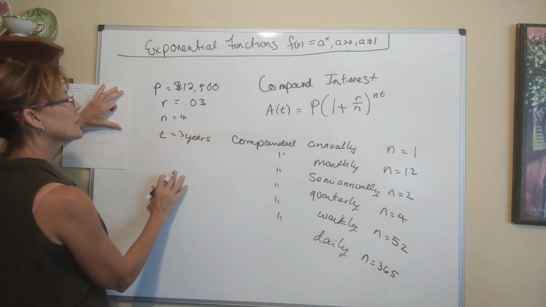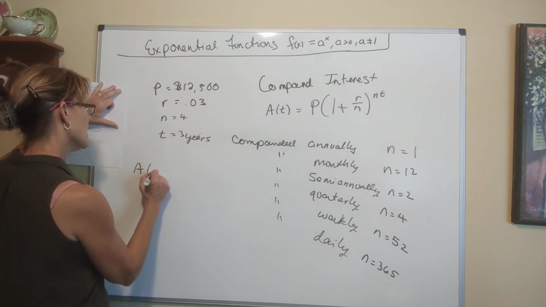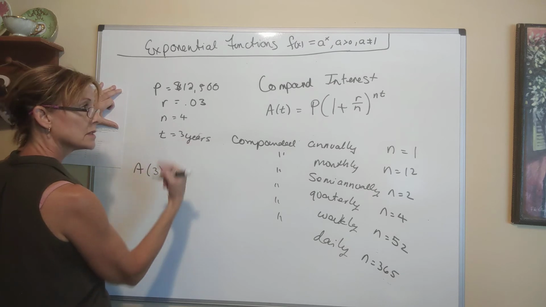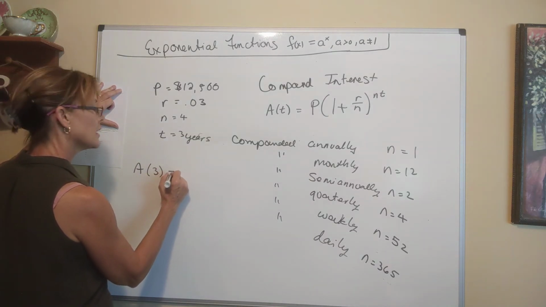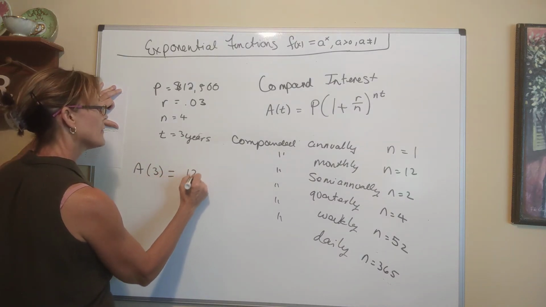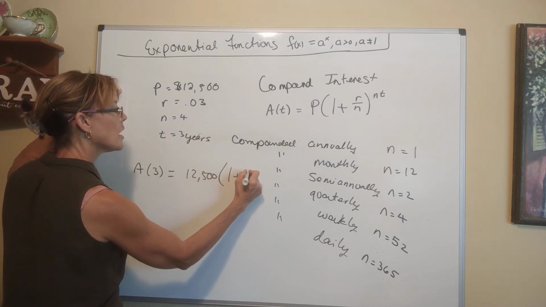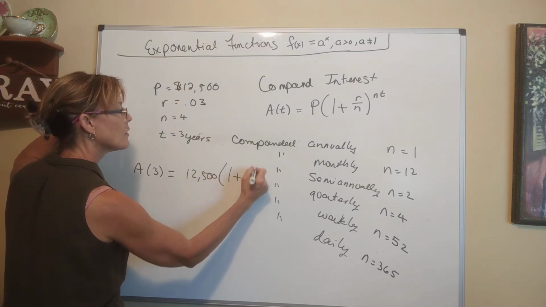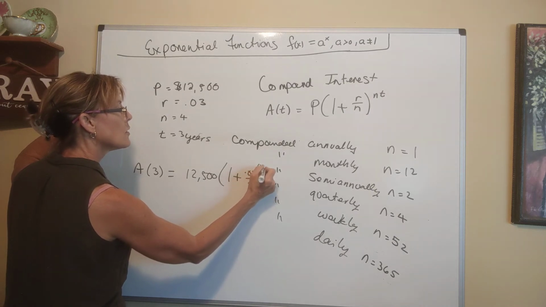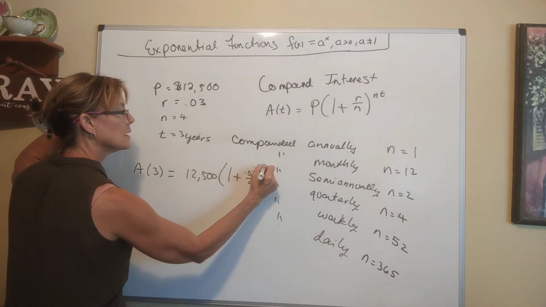So what we have to figure out here is A of 3. A of 3 would equal 12,500 times 1 plus 0.03 divided by 4, raised to 4 times 3.